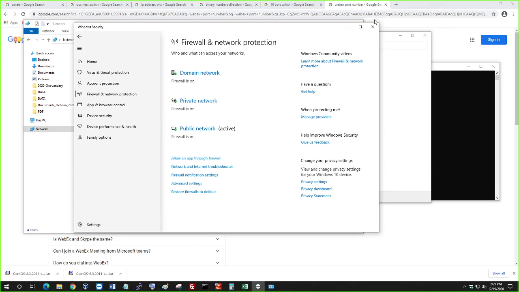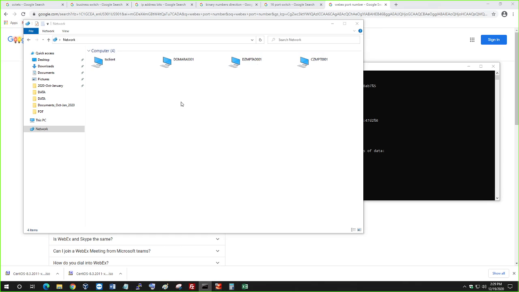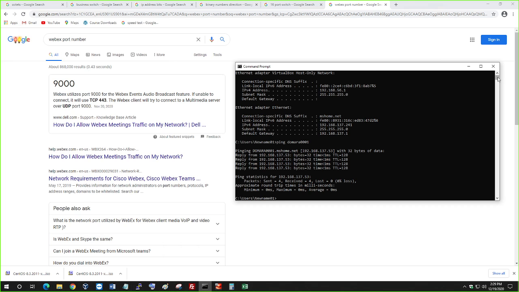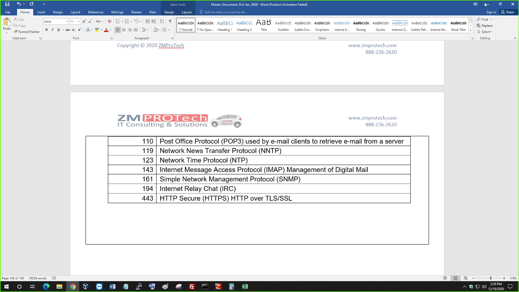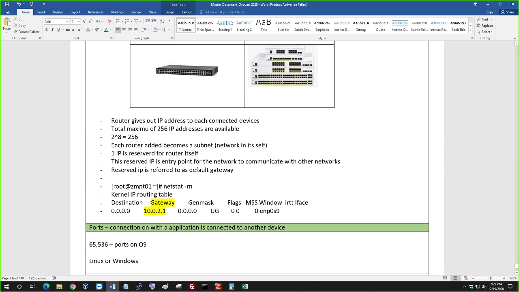So those 256 devices could start communicating with each other, provided you have a router here. The router is also facilitating itself as a network. So when I say subnet, it's actually a network in itself. That's what it's called, subnet, small network.